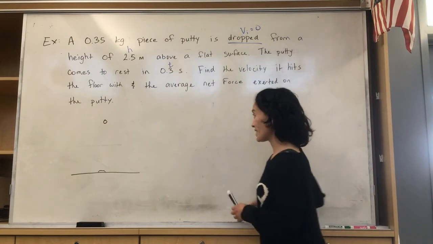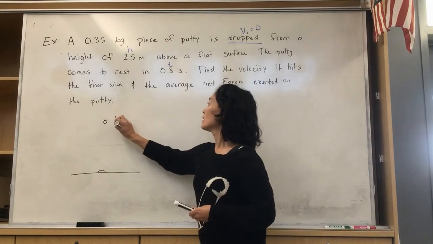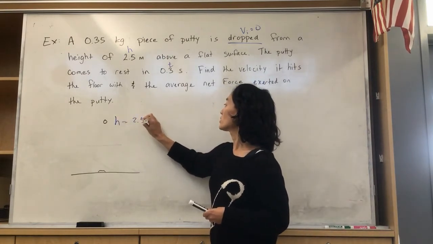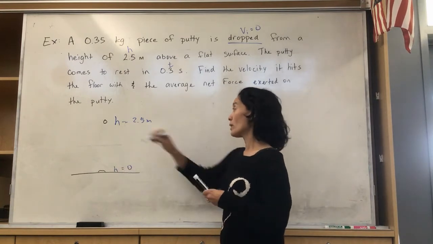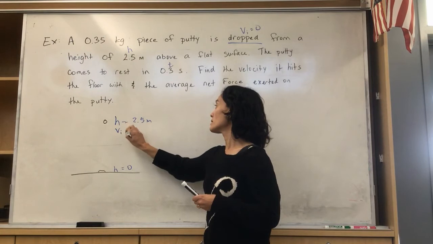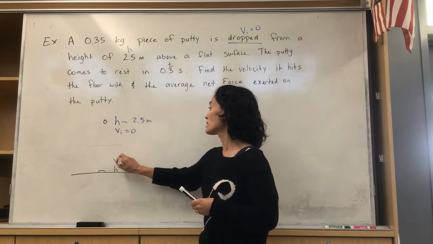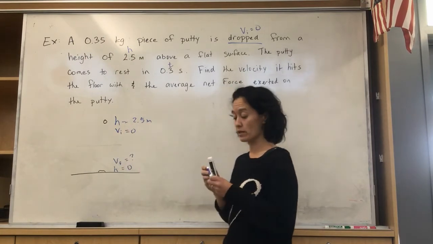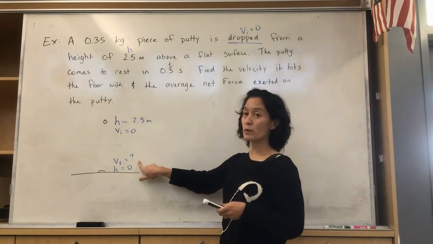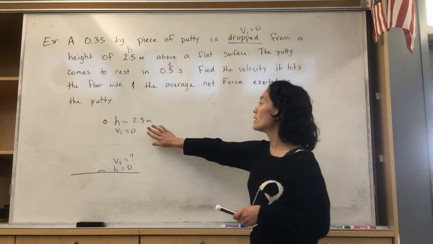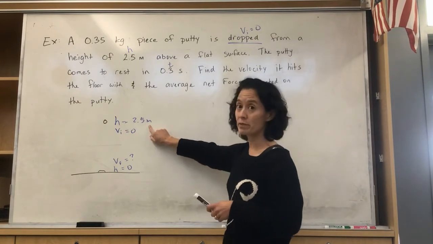At the top it has a height of 2.5 meters, and at the bottom a height of 0. We have an initial velocity of 0, and some final velocity. So we could use conservation of energy to figure out the velocity right before it strikes the ground. Here I only have potential energy.